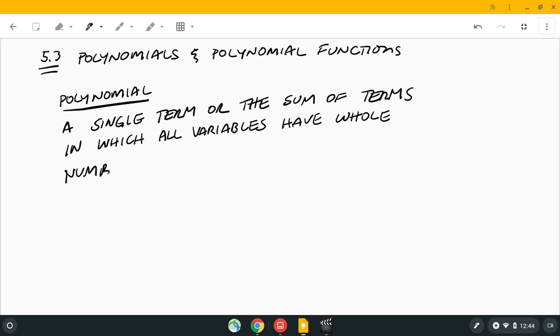You may remember in your last math class, fraction exponents exist, and they represent radicals, square roots, cube roots, and whatnot. Okay, so in a polynomial, the exponents are whole numbers.